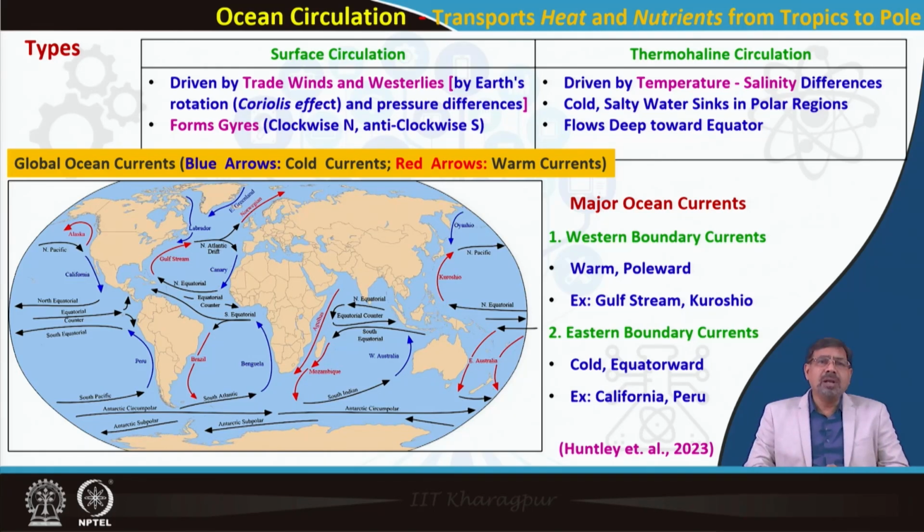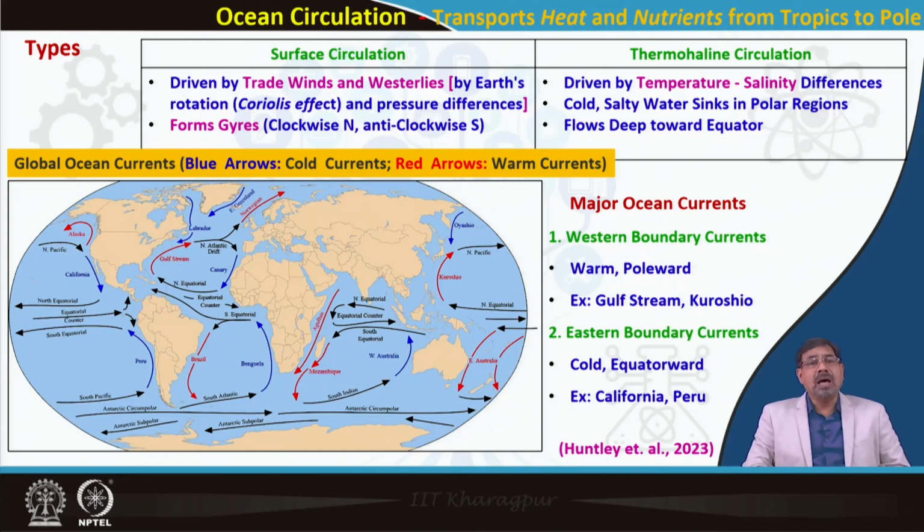Then down below you can see the North Pacific surrounding the California region, going towards the north equatorial region and making a gyre, circulating there.